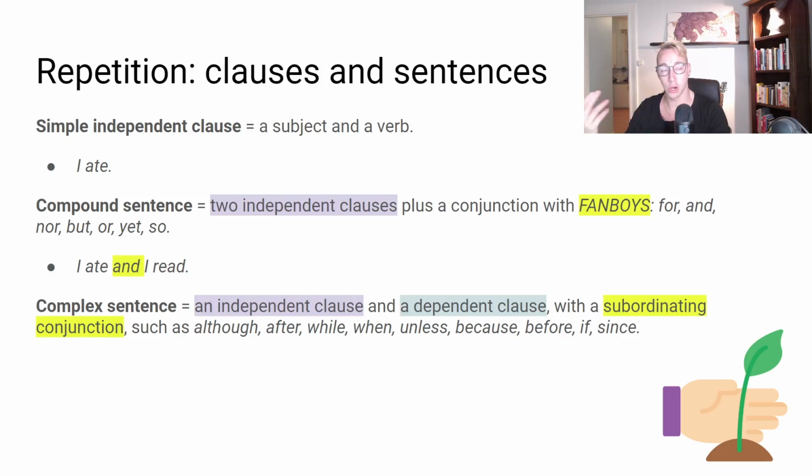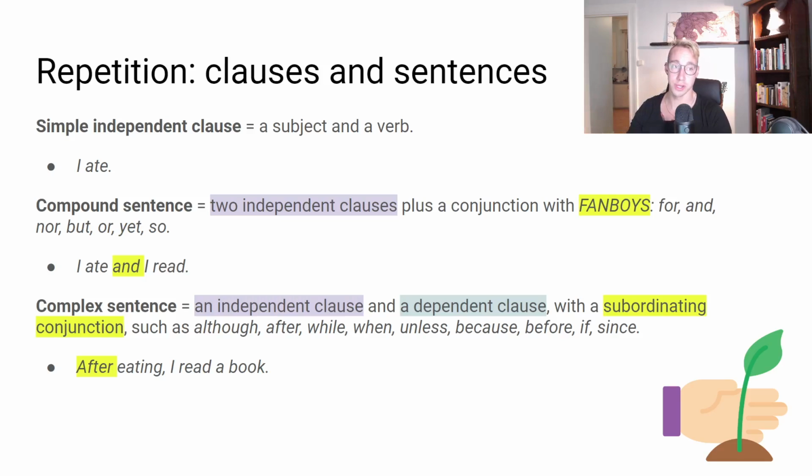It depends on an independent clause. And we're going to look at an example in just a second. But when you create a complex sentence, you want to use what is known as a subordinating conjunction. There are many of these, but some of them, we have them on the screen right now, could be such as although, while, because, if, since, and so on. In this case, it could look something like this.